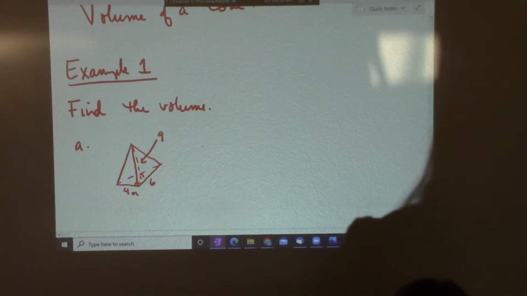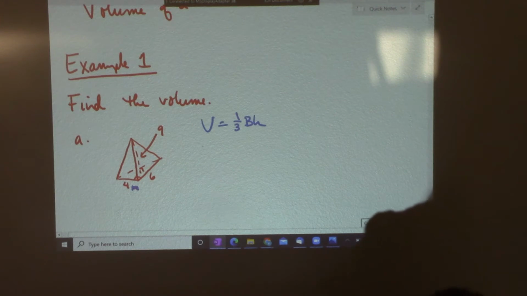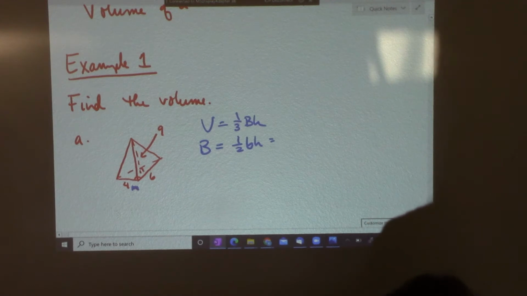I already drew my picture for number 1. Find the volume, and this is an M for meters, so you can go ahead and draw that triangular based pyramid, and let's get going on it. Okay, so the volume is 1/3 base area times height. Now my base area is the formula 1/2 base times height, and the base and the height being of the bottom shape.